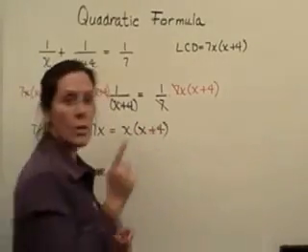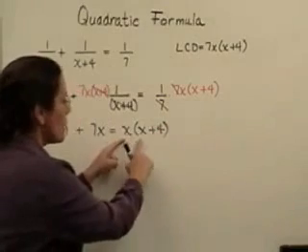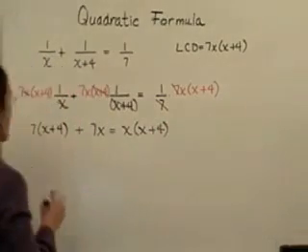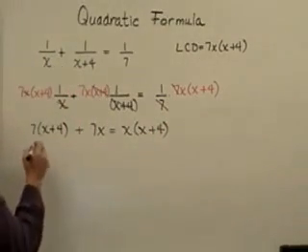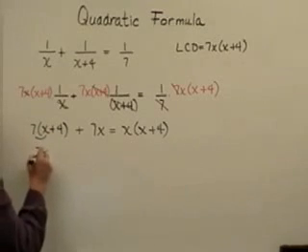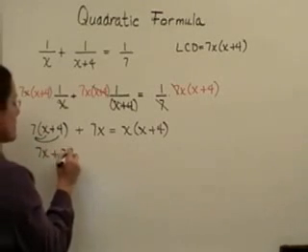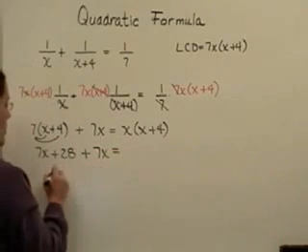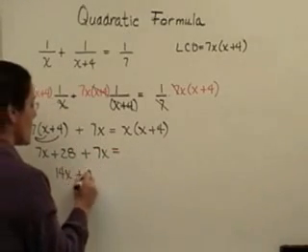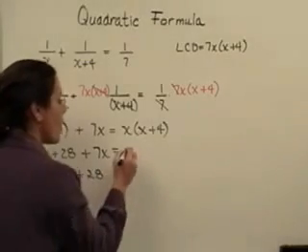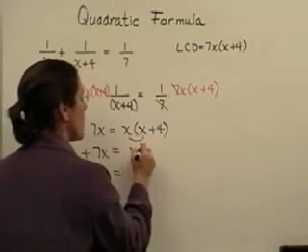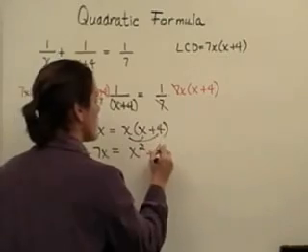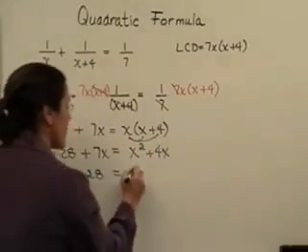And now I can see the quadratic equation starting to take shape, because right here I'm going to have an x squared term. I'm going to clean things up, and I'm going to try to do that fairly quickly. Here I'll have 7x plus 28, and in a minute I'll add that 7x together, so I'll have 14x plus 28 on the left hand side. Over here, x times x is x squared, and x times 4 is 4x. I guess I'll bring that down.